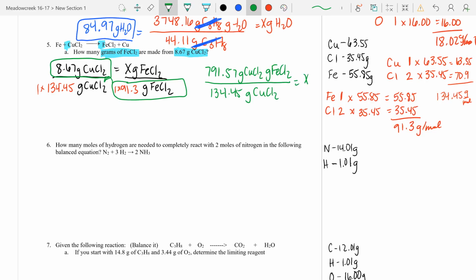And this is, of course, all equal to grams of iron chloride. That's what we're converting to. So I see that my grams of copper chloride cancel out with grams of copper chloride. And 791.57 divided by 134.45 is going to give us 5.89 grams of iron chloride as our final answer.